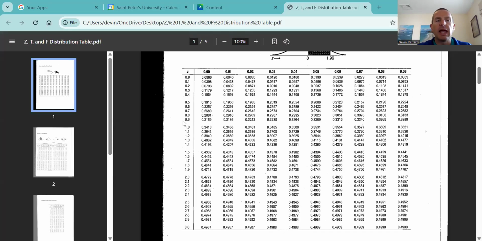Okay. The area of negative 2.1, okay, so negative 2.1 is 2.10. So 2.10 gets us 0.4821. Okay, 0.4821. So let's go write that down.